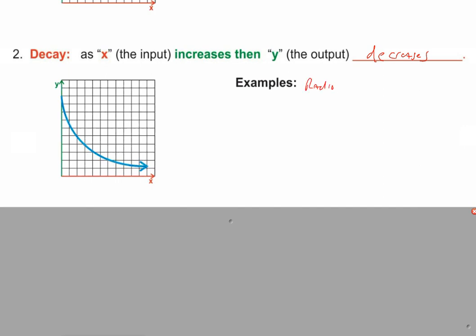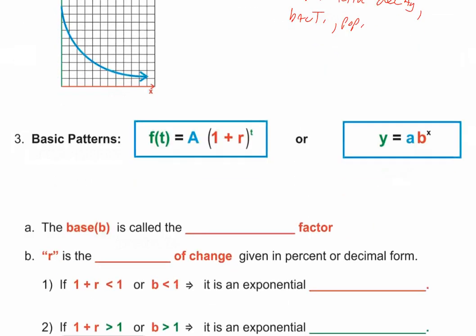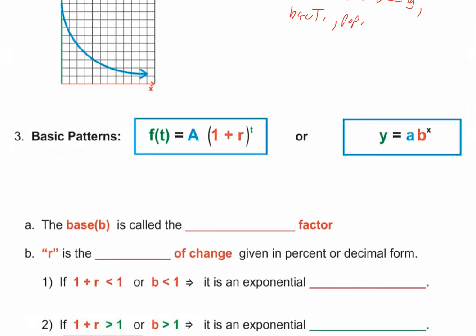Radioactive decay. Again, bacteria population. There are some other examples. You got growths, you have decays, and we've got to be aware of both. Growth, decays, and be ready for both.